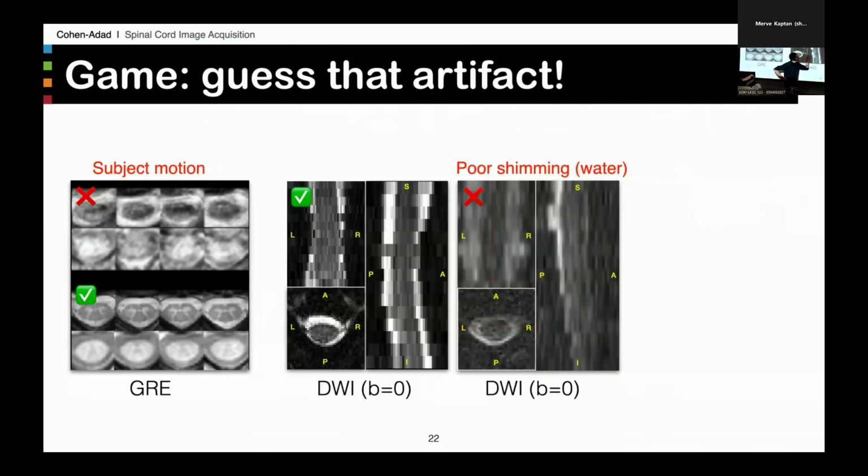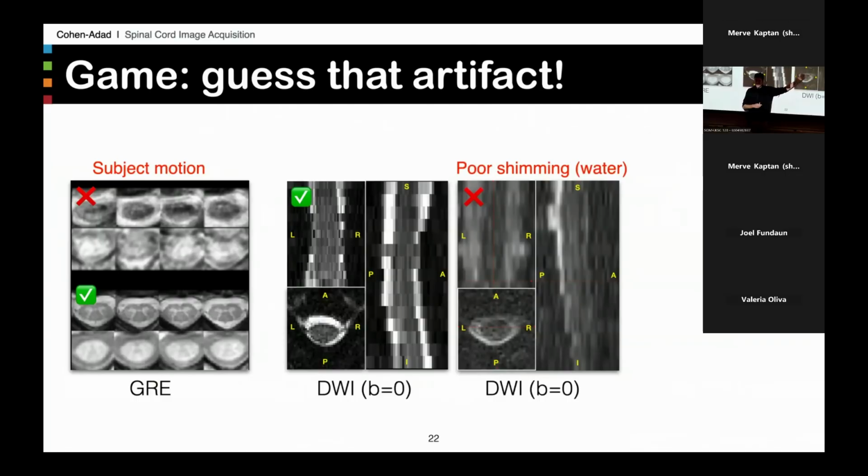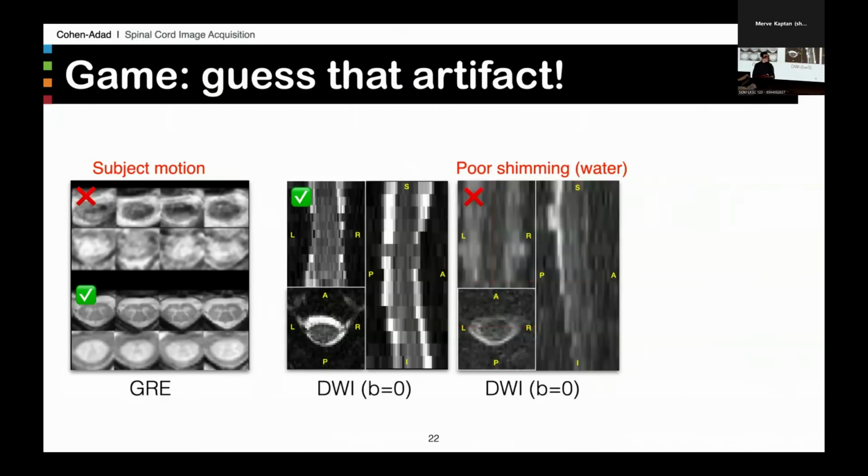The thing with shimming is that we always think, well, with poor shimming we get some distortions, but here we don't have distortion. We have a decrease of signal. So it's shimming associated with another pulse applied in the sequence, and this pulse is a fat-sat pulse.